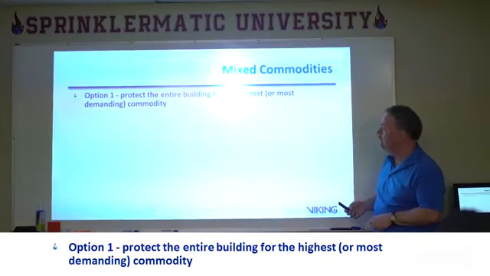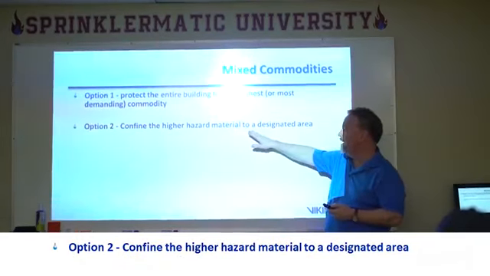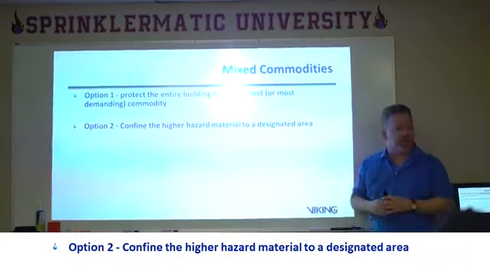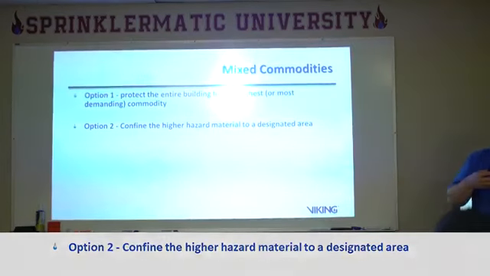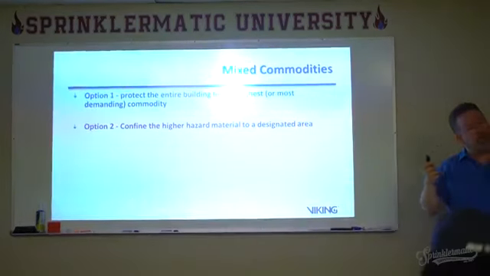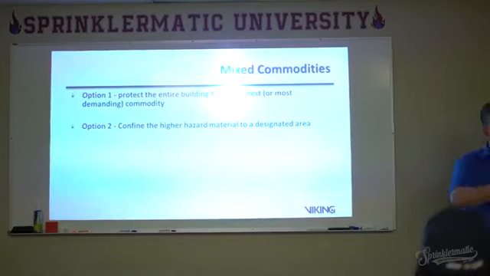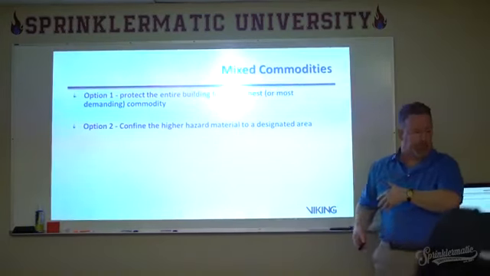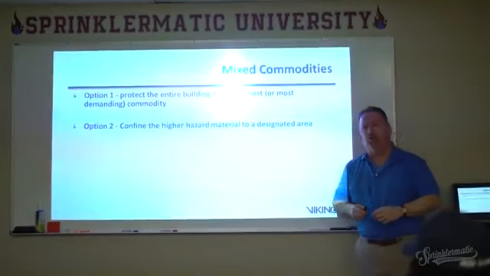You got that one right. Or option 2, you can confine the higher hazard material to a designated area and protect just that. Now, that's going to be one thing if we've got a logistics warehouse and we know that we're always going to be getting these materials from this spot. But you go back to Lowe's or Home Depot or something like that, no. This stuff is all over the place.